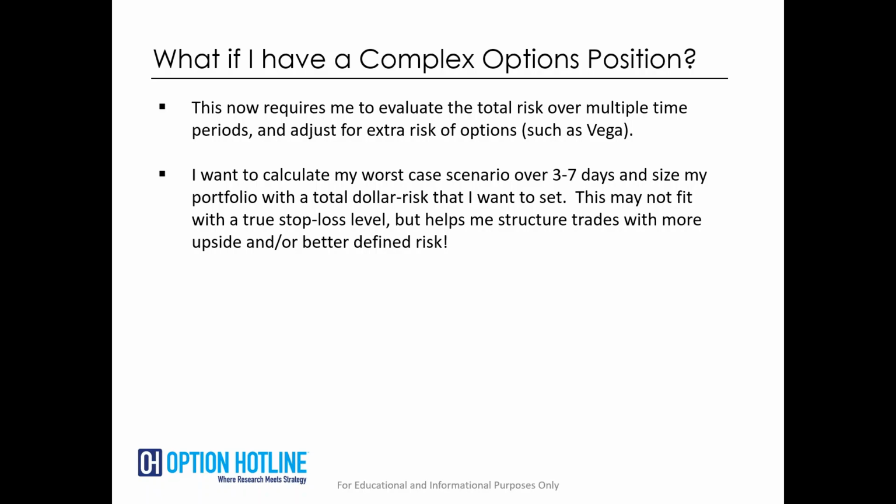So what I want to do when I put together one of these complex positions is really evaluate what my worst case scenario would really be for 3 to 7 days and then use that total dollar risk at that point. So I start with a delta, knowing I want to get to $5,000 worth of delta. Then I set a new dollar risk based upon how I've structured my trade.